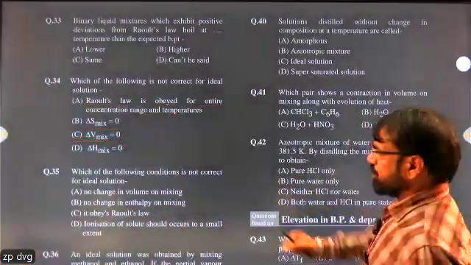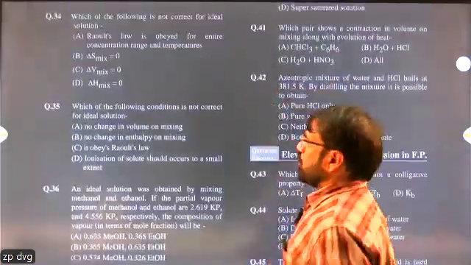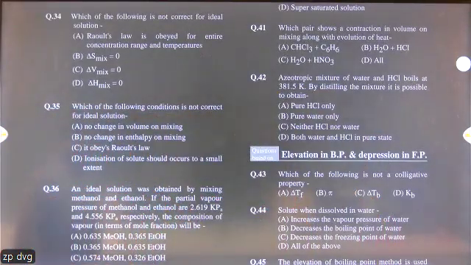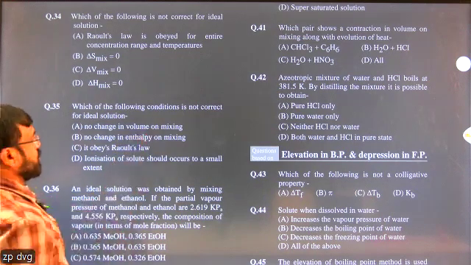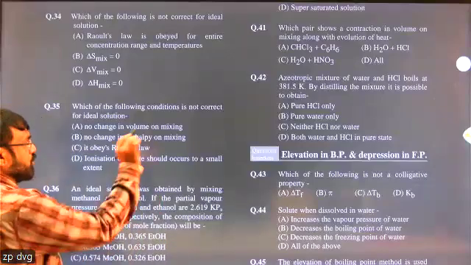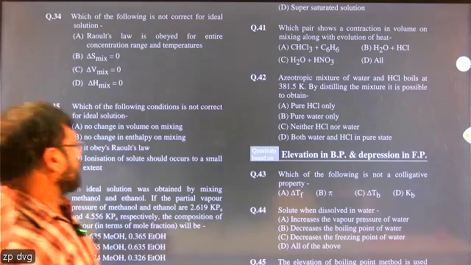Next, let us go to question number 35. Which of the following conditions is not correct for an ideal solution? No change in the volume on mixing, delta V mixing is 0, correct. No change in the enthalpy of mixing, that is also correct.